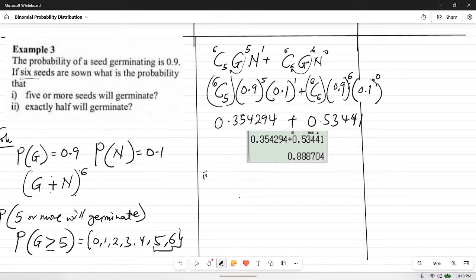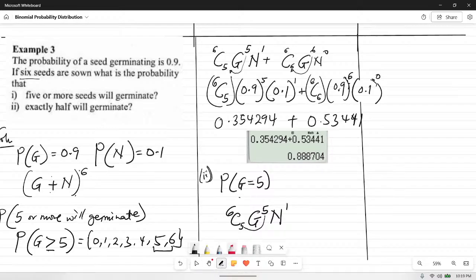I'm promising you this question comes every time in WASSCE. So exactly 5 will germinate. We want germinate to have exponent 5, then not germinate will have exponent 1. So that's 5 plus 1, which gives 6 combination 5. That answer is already here, we've done it already.